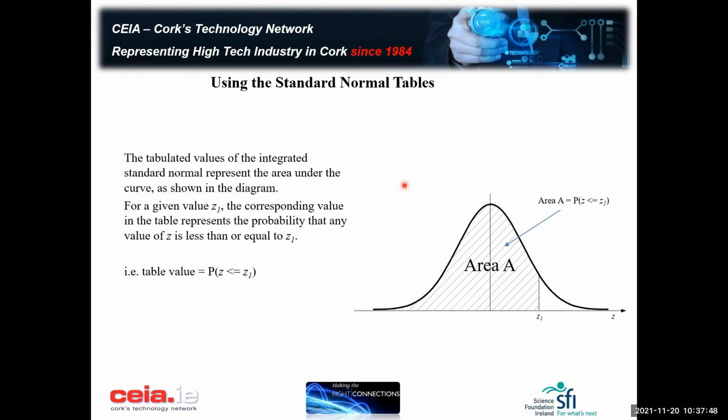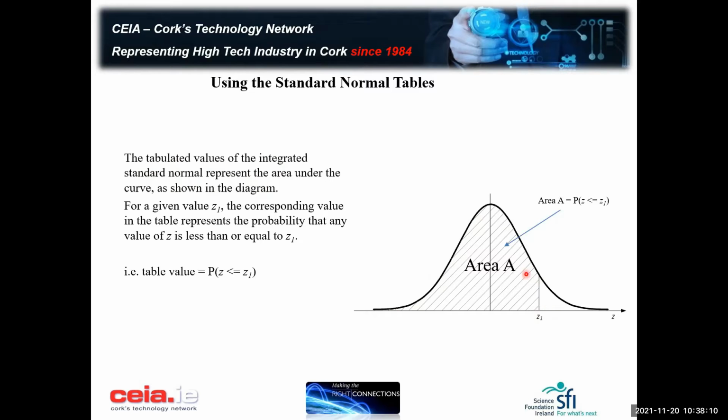Okay, so how do you use the standard normal? You need to use the tables, and the tabulated values for the standard normal. What's tabulated is the area under the curve up to a certain value z1.